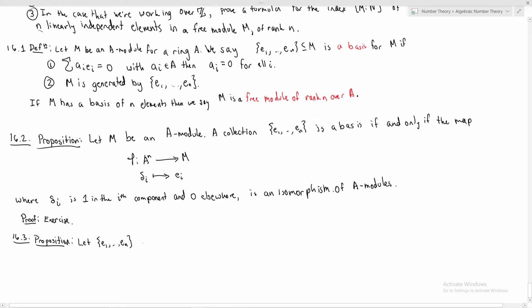Let this guy be a basis. And let's suppose I have another collection of elements f_1 through f_n, any elements.